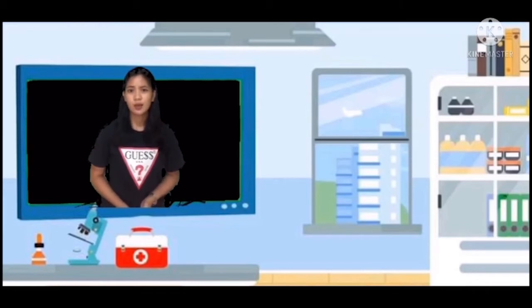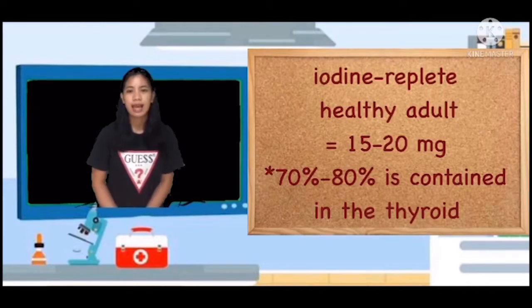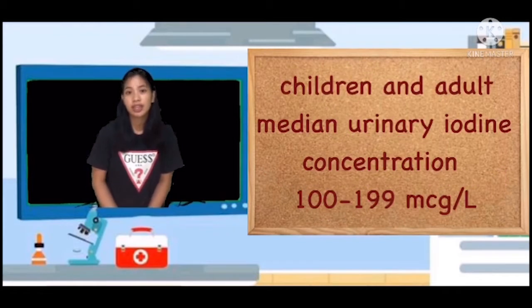If you are wondering what the normal range of iodine value is, here's the answer. Iodine-replete healthy adults have about 15 to 20 milligrams, 70% to 80% of which is contained in the thyroid. In children and normal adults, median urinary iodine concentration is 100 to 199 micrograms per liter.